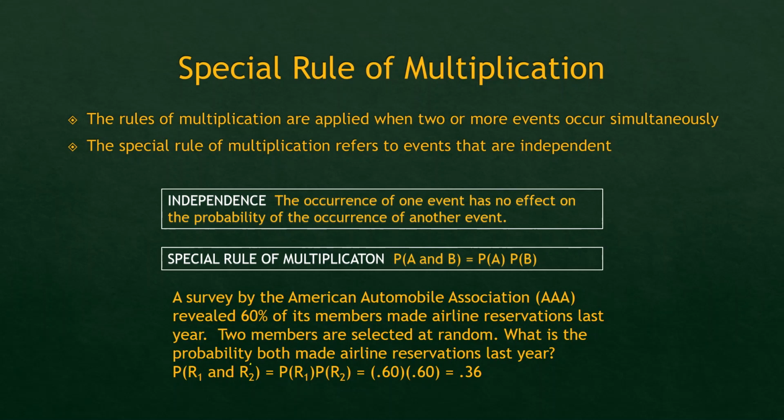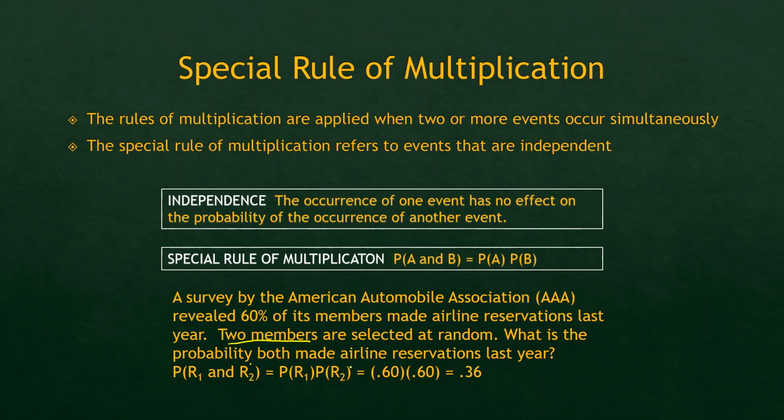Okay, so a survey by the American Automobile Association revealed 60% of its members made airline reservations in the past 2 years. 2 members are selected at random. What is the probability that both made airline reservations last year? Okay, notice these are completely independent.